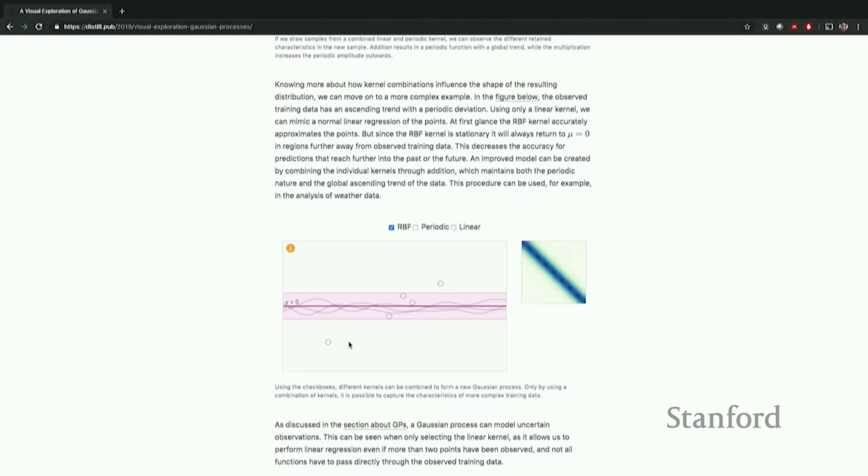Once we have this, we can observe our training data and start conditioning on it. If you click over here, this means we have now conditioned on this particular input having this particular y value. As you keep conditioning on the things we observe, the posterior distribution of our Gaussian process takes this form.